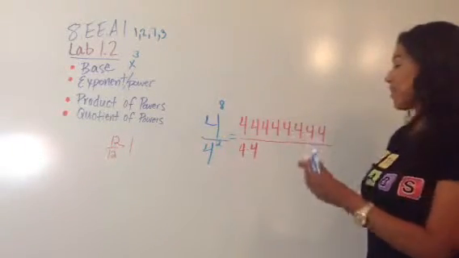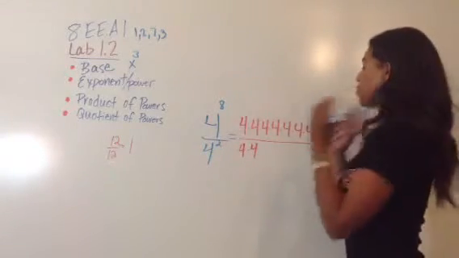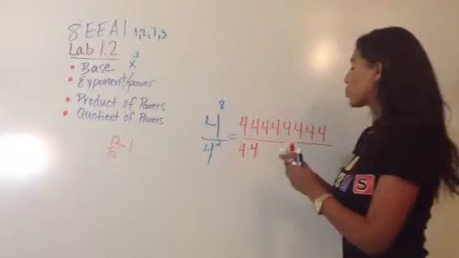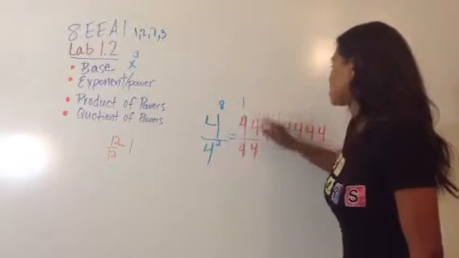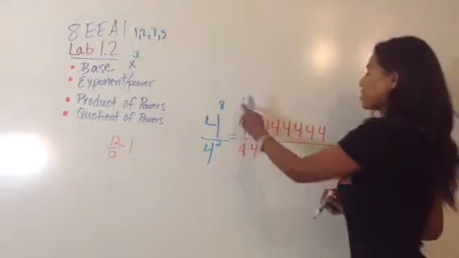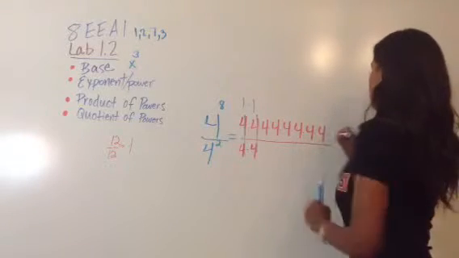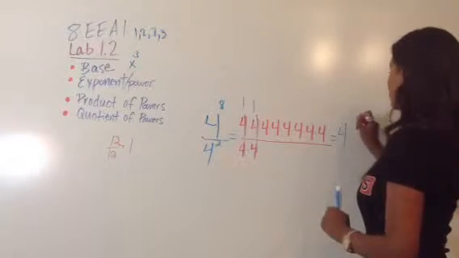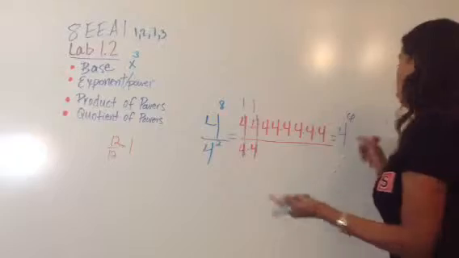Now, to simplify this, we don't count, because that's not what we have here. We have to simplify, and like I just stated, 4 divided by 4 is 1. So we're going to cancel these out, and make this a 1, and this a 1. So our numerator is 1 times 1, which is 1, times 4 times 4 times 4 times 4 times 4 times 4, which equals 4 to the 1, 2, 3, 4, 5, 6th power, over essentially 1, but we don't need to write over 1.